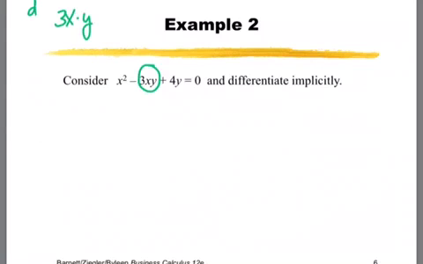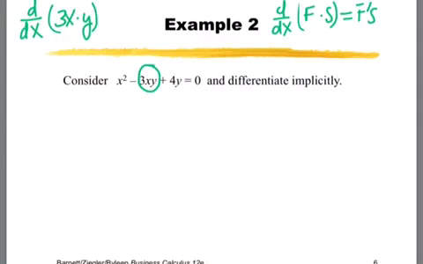Anytime we differentiate a function that is a product, remember we want to follow the product rule: if I'm taking d/dx of a first term times the second term, I get the derivative of the first times the second plus the derivative of the second times the first. This is what we're going to use to differentiate the product 3xy, or 3x times y.